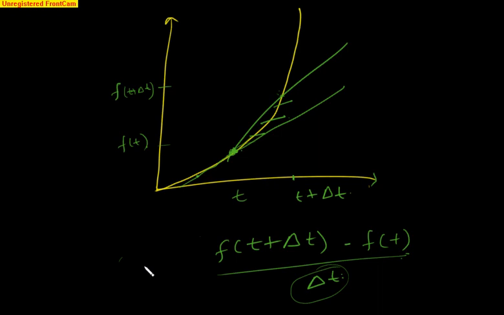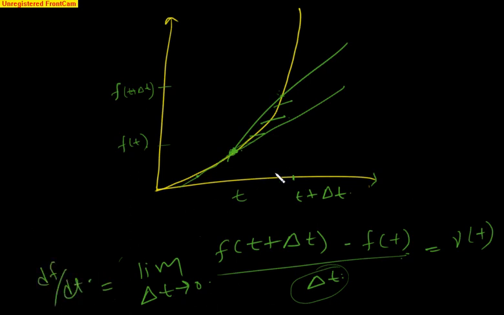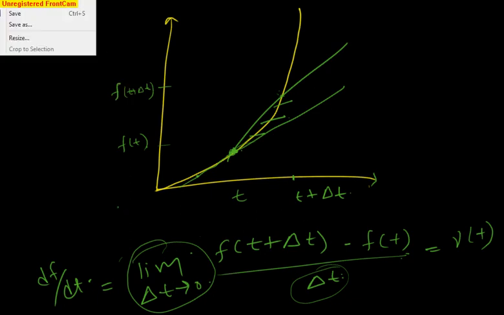Limit del t tends to 0 will give the actual v of t, or you can say df by dt. This is the required slope of this curve. In case of this curve, you have to just write limit del t tends to 0. This is the way of finding the slope of the curve.